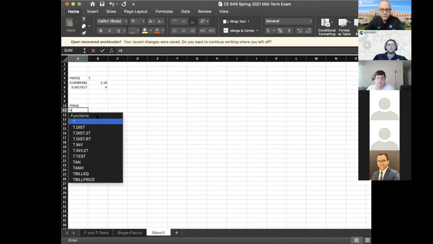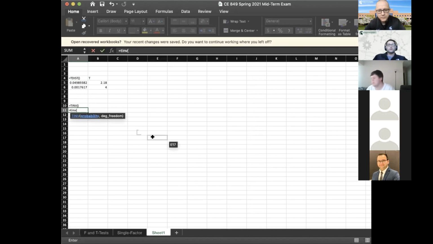And so for that one, you can enter in your corresponding probability. When I went through and put together the solutions for the sample exam, which apparently was another error in that sample, so I'll have to go back and double check the math on all of these, I entered 0.025 with 12 degrees of freedom.